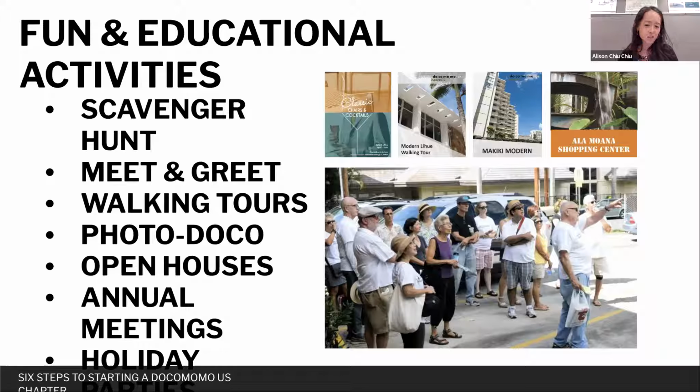This image that you see on your bottom right hand corner is an image from our Makiki Modern tour. So we did some meet and greets. We did walking tours. We did photo excursions that were combined with walking tours, and we called these photo doco. So these events were a way for us to not only collect documentation, but also to build our digital knowledge base in Hawaii.